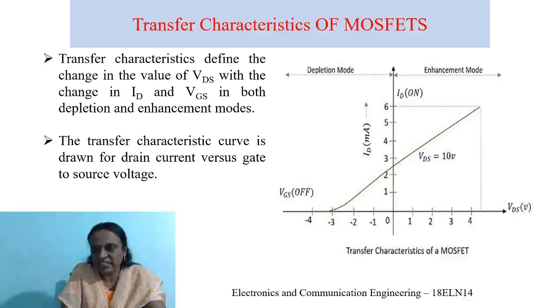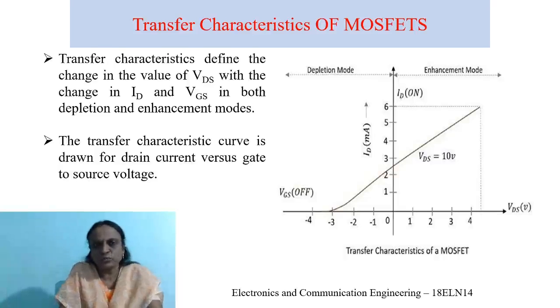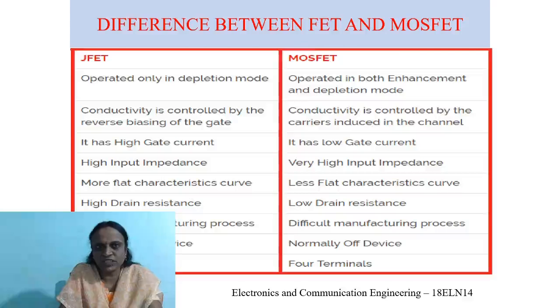This transfer characteristics curve is drawn for drain current versus gate to source voltage and is represented pictorially. Next, moving on further, after transfer characteristics, we have to see the differences between FET and MOSFET.